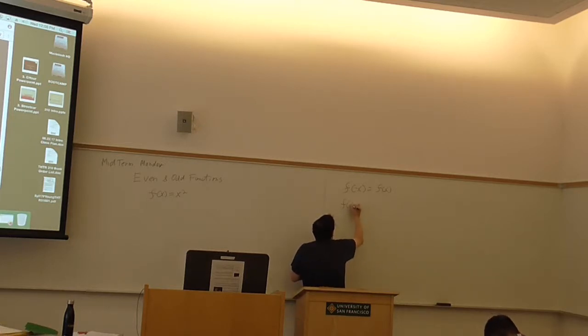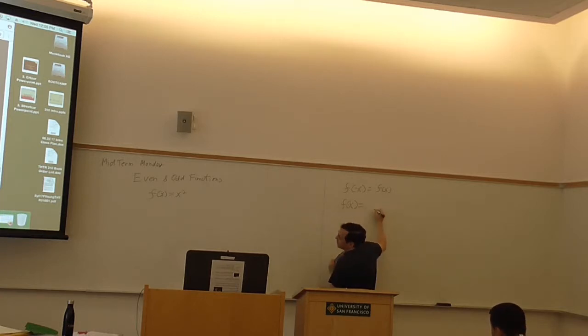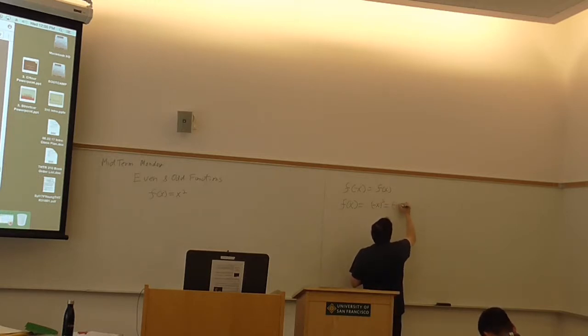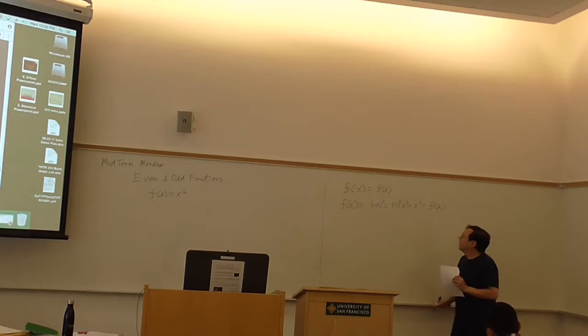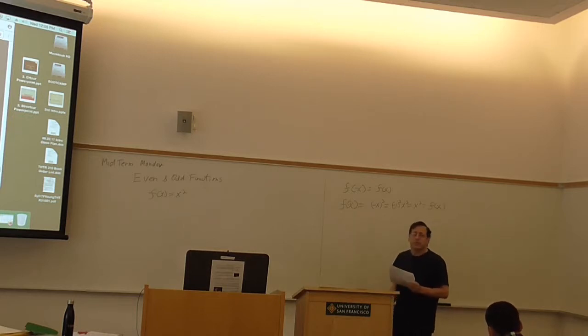We have f of x, f of minus x equals what? Since f of x is x squared, it's minus x squared. It's (minus 1) squared times x squared equals x squared. But that's equal to f of x. So this is an even function.